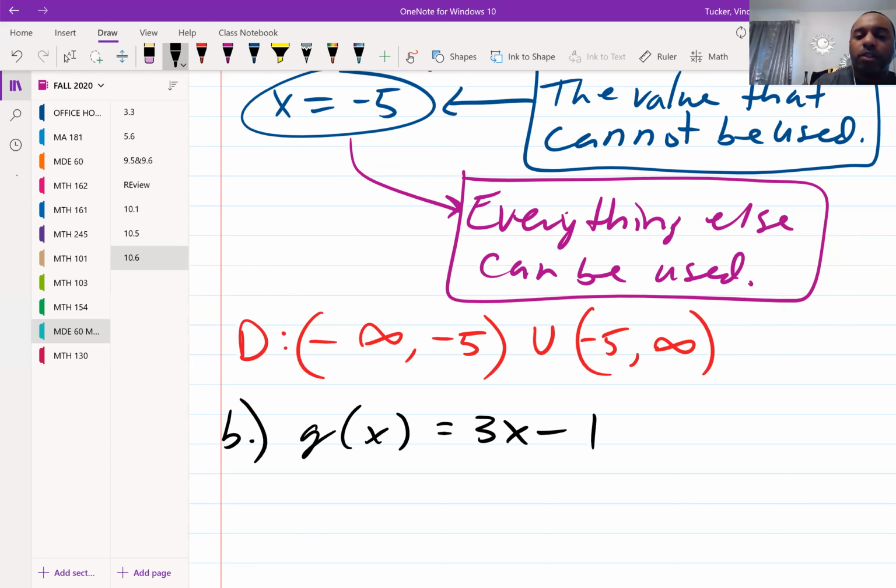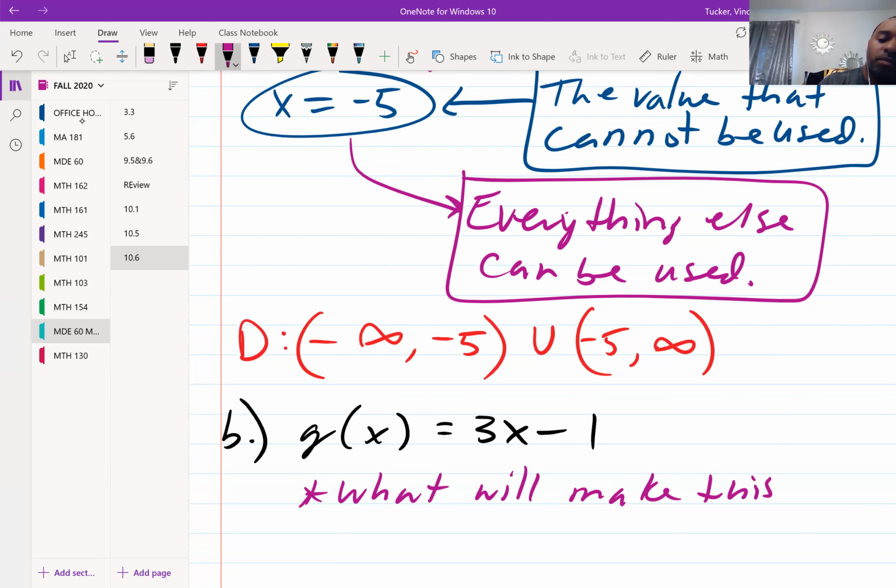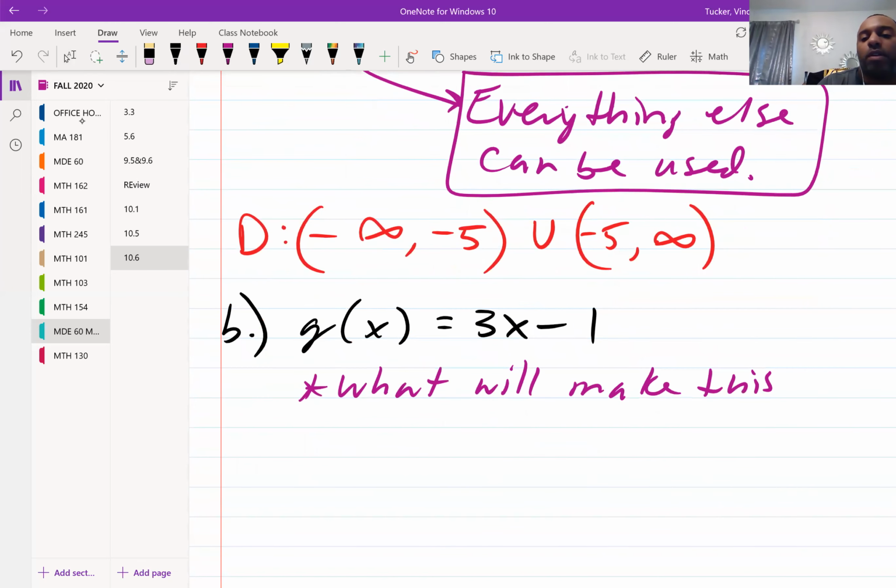Now you have to ask yourself, same type of thought process that we had before. What would make this one fine?